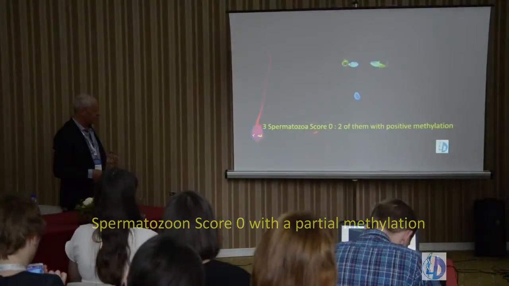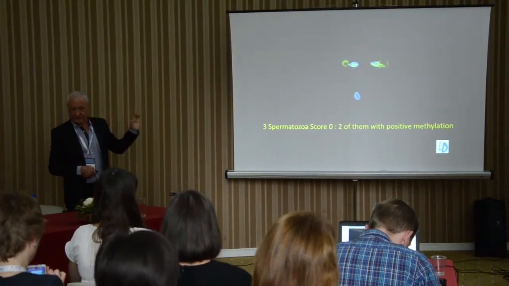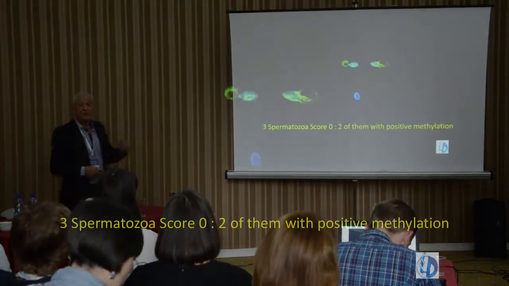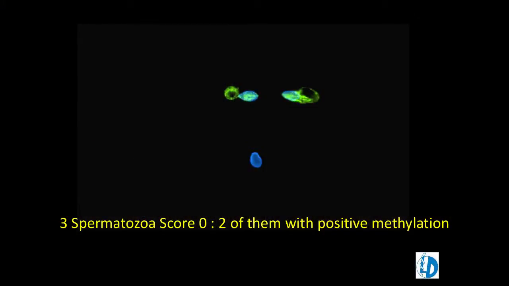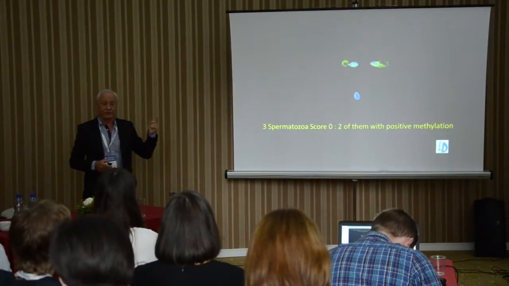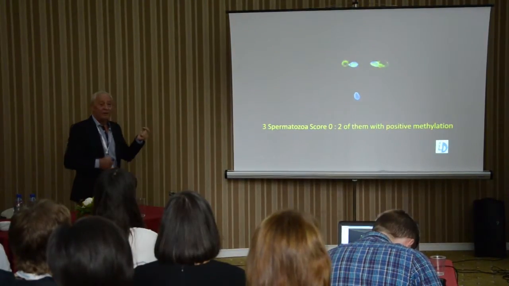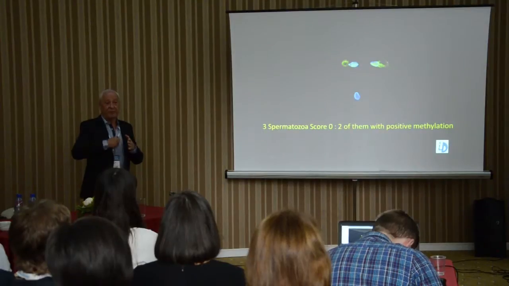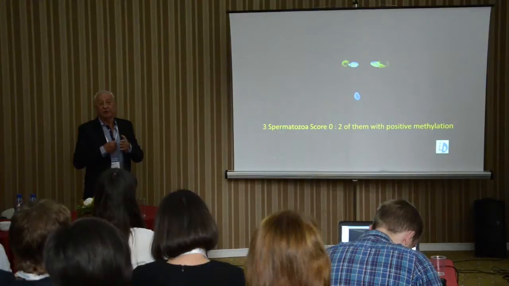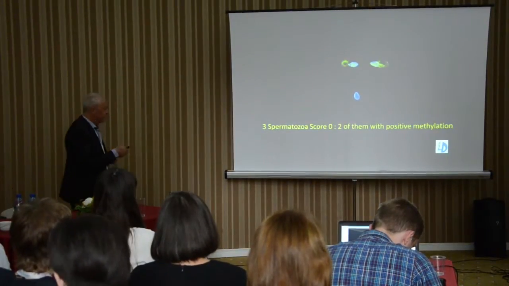You have 3 spermatozoa scoring 0, the worst ones, which you cannot detect at low magnification, and you see this is methylation. All the sperm have some methylation, but these sperm have a high level, a high profile of methylation, and there are more genes blocked in these young spermatozoa. When it's blocked too early, there is no programming of the protein.